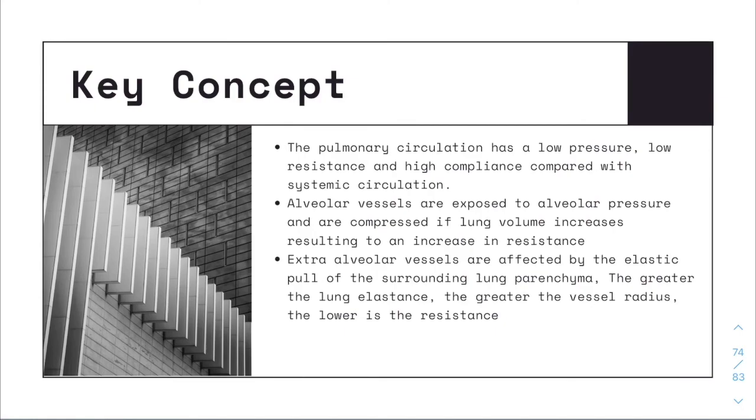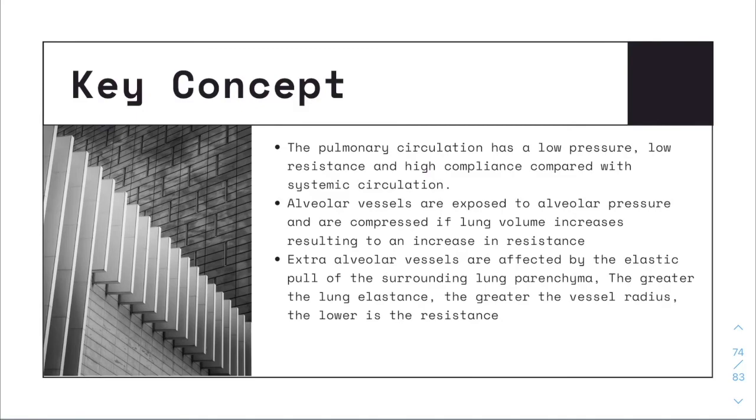Alright, so that ends our respiratory 3 lecture, and let's try to review all the concepts. Again, pulmonary circulation has a low pressure, low resistance, high compliance compared with systemic circulation.